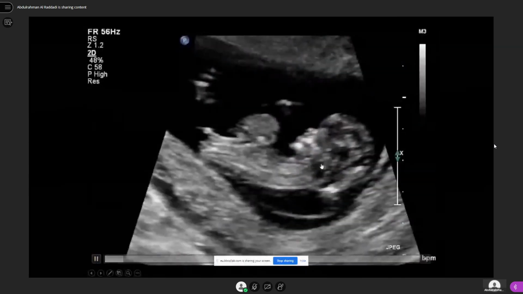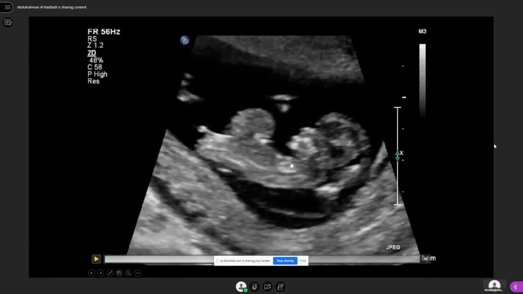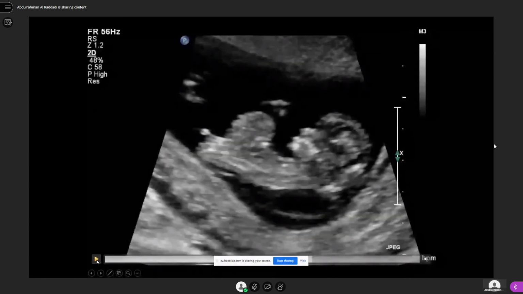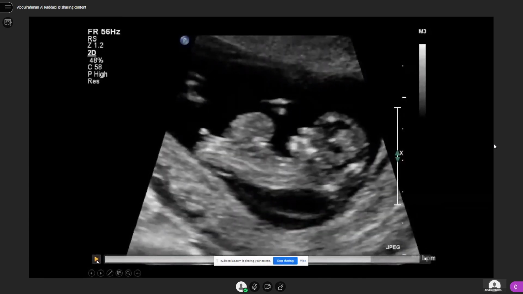You can see it here now. So this is the infant, and we can see this is the midgut herniation. Or intestine, it will be kept outside of the body. Okay.